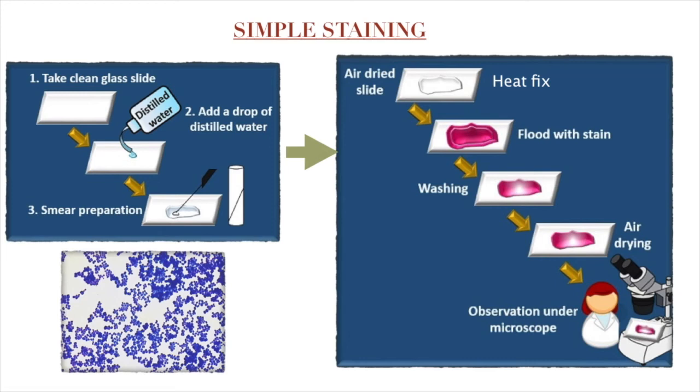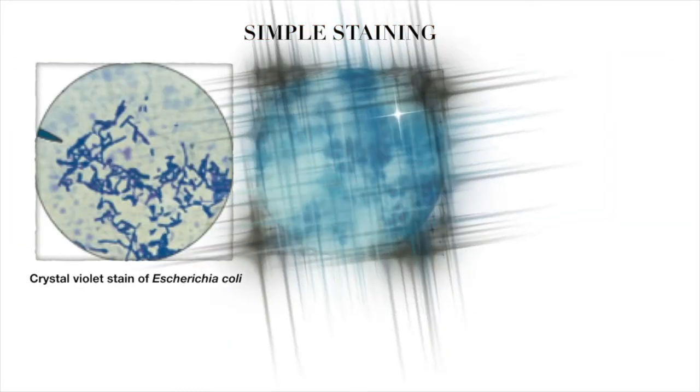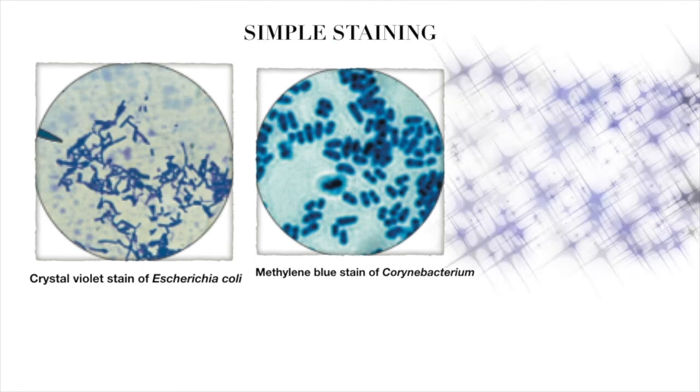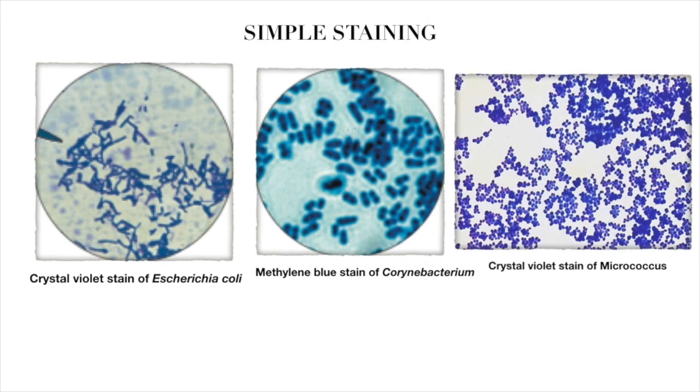The last picture is a photograph of Gram-positive cocci in bunches, that is Staphylococcus aureus. The first photo is Escherichia coli stained with crystal violet. The second photograph is Corynebacterium species stained using methylene blue. The third one is Micrococcus species stained with crystal violet.